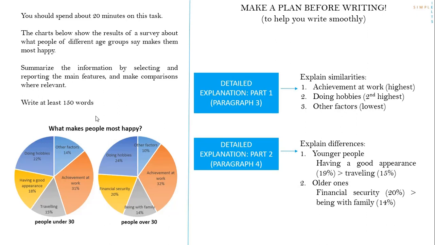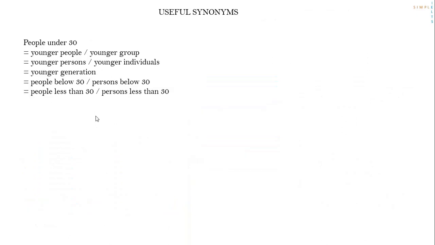For the older ones, financial security is more important than being with family, 20% compared to 14%. Okay, so that's about planning. So now I will provide some examples of useful synonyms for this example.